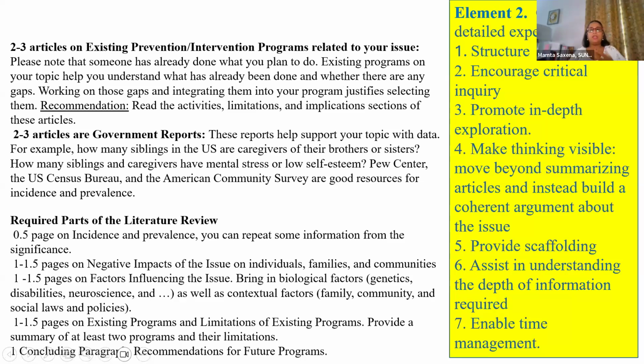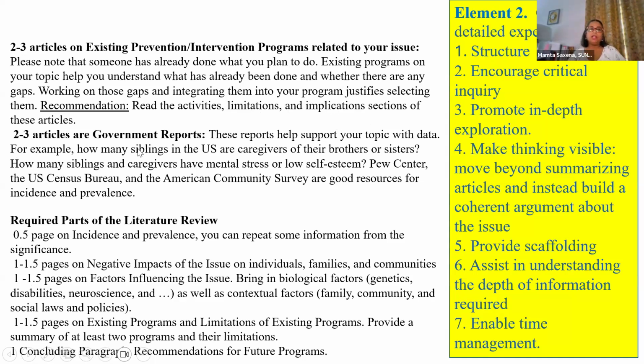The third thing that I have made very specific is about 2 to 3 articles on existing prevention programs. And I tell them these are some of the things they have to read in their prevention program articles, right? Once again, I don't want them to read the introduction. Doesn't matter if they read the abstract or not. But these are some of the sections where they will get ideas for their own program.